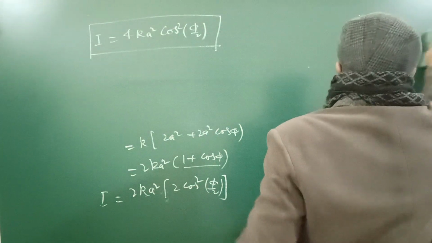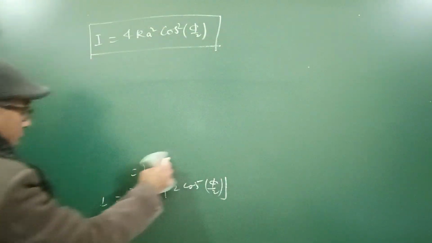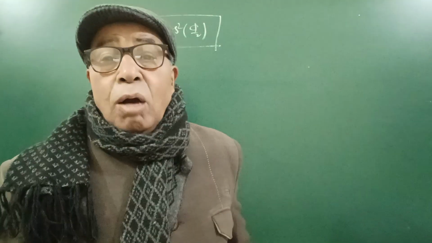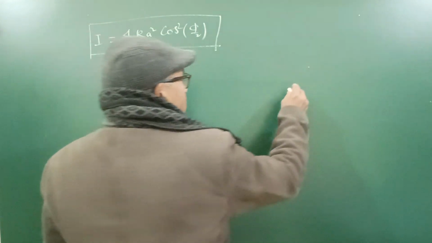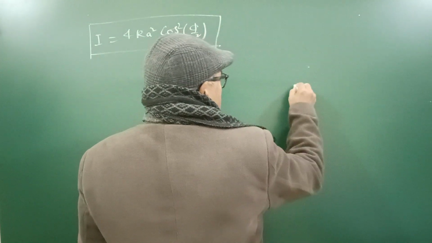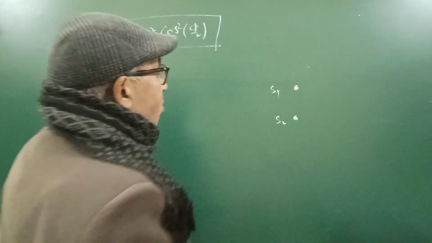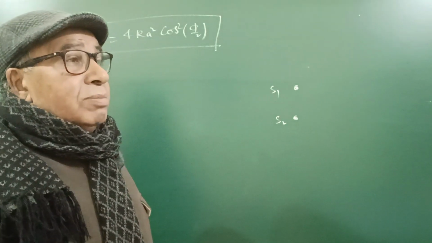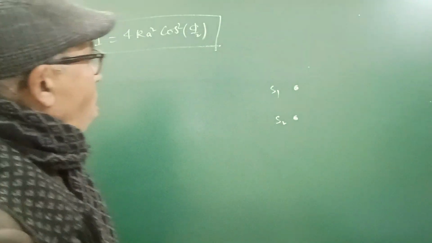Now, I will tell you how the intensity varies with place. Suppose there are two sources of sound, S1 and S2, emitting sound waves in the same phase and same frequency.